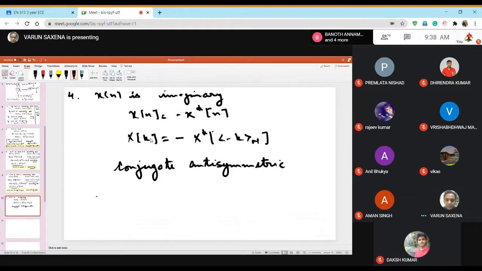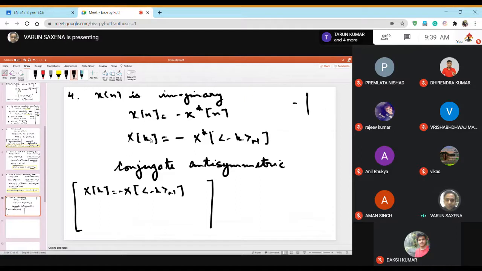Because if you look at odd functions, this would be the case when a function is odd, and odd means antisymmetric because they go like this, right? There will be something like this and this. So this would be odd or antisymmetric.